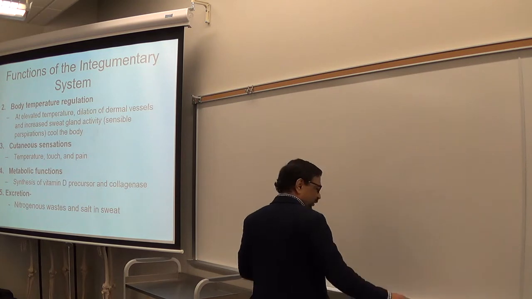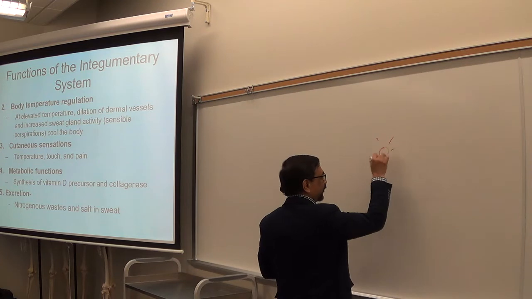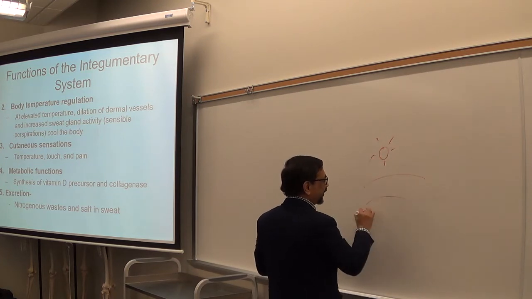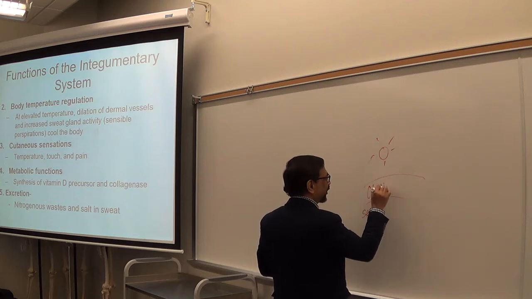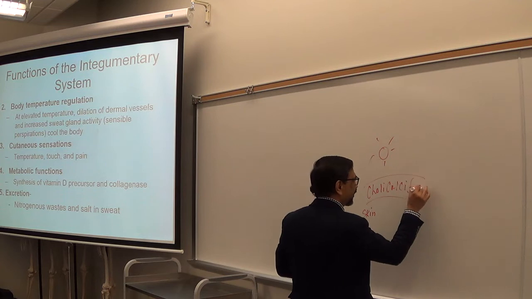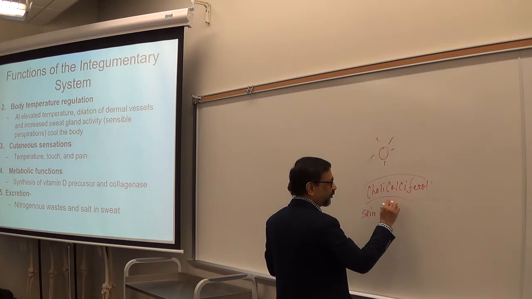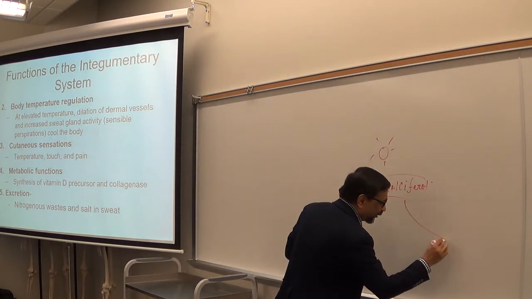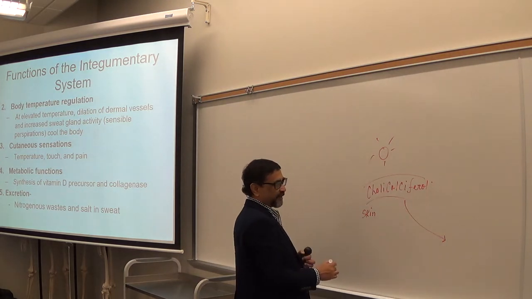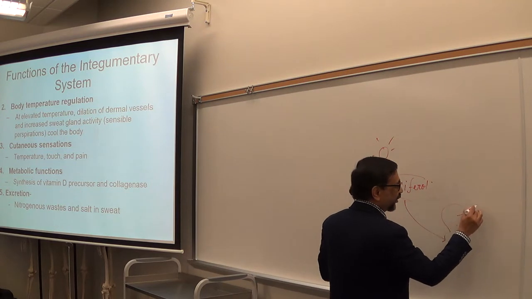Metabolic functions. I mentioned before that with the help of sunlight, your skin produces a chemical that is called cholecalciferol. You must remember that. Cholecalciferol, which is an inactive vitamin D, precursor of vitamin D, is taken to the kidneys, where it is converted to calcitriol.